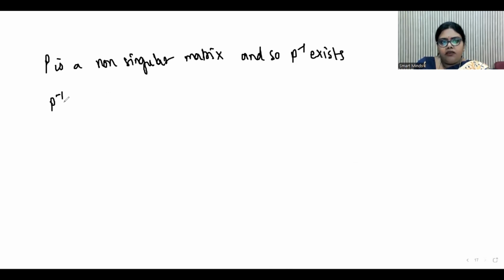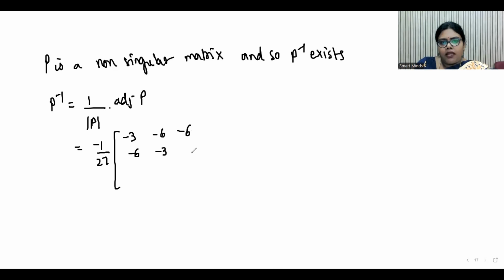So what is P inverse? 1 by determinant of P into adjoint of P. Here directly I am writing the adjoint: minus 3, minus 6, minus 6, minus 6, minus 3, 6, minus 6, 6 and minus 3. So this is P inverse matrix. Now let us find out AP.